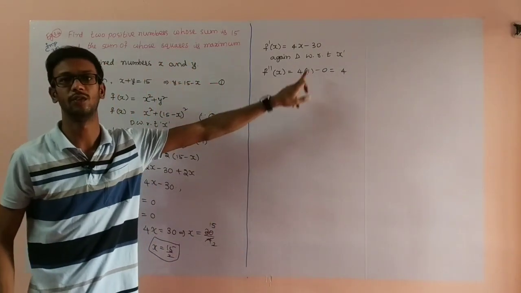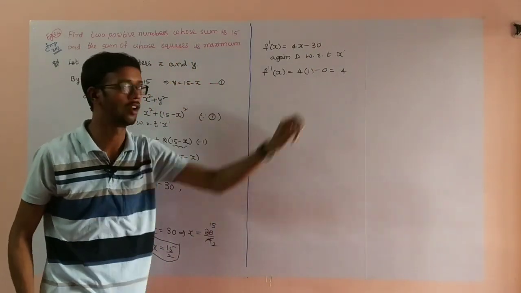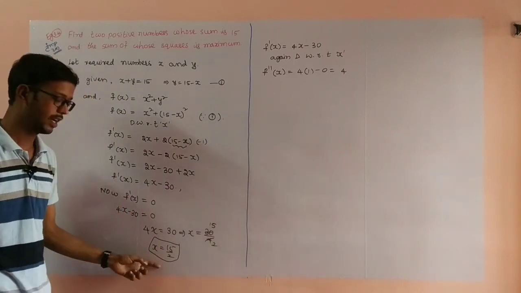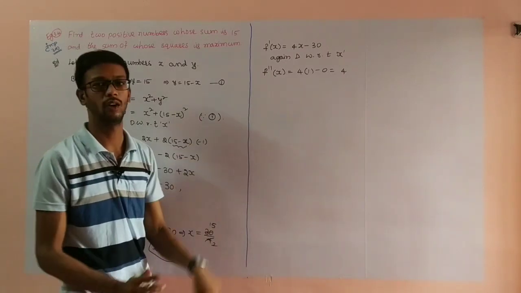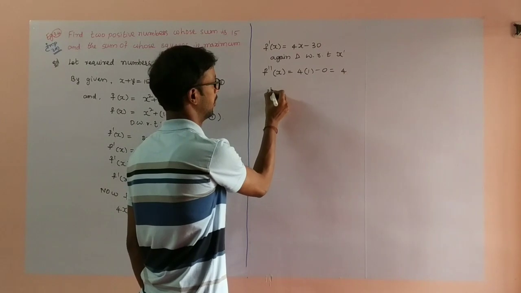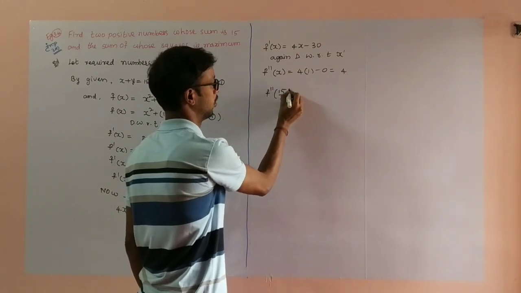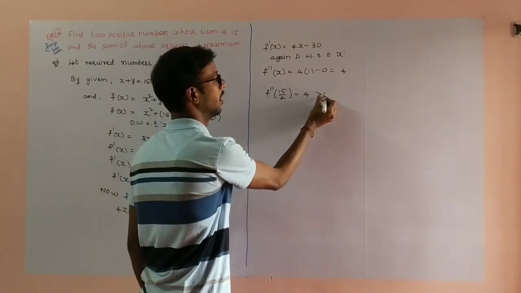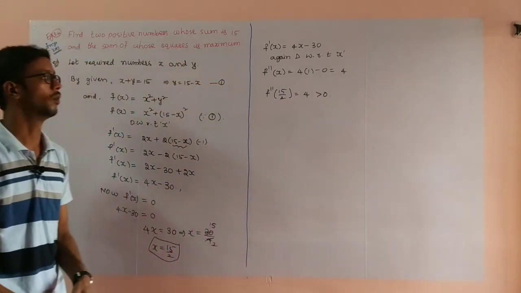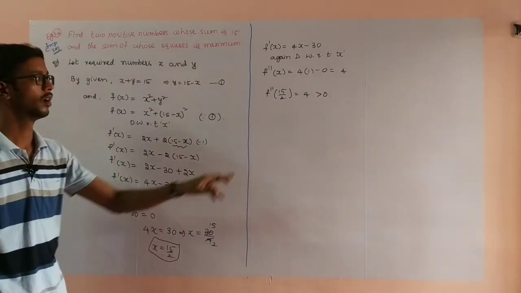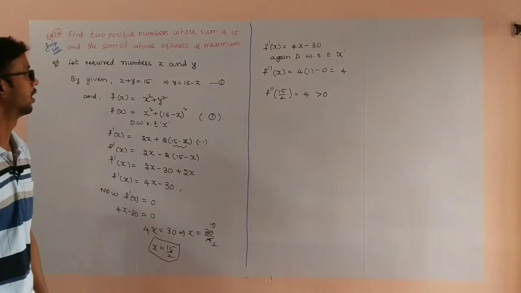The derivative of x is 1, the derivative of 30 is 0. Total will be 4. Substituting this critical point, f double dash of 15 by 2 is equal to a constant greater than 0. We are getting greater than 0.